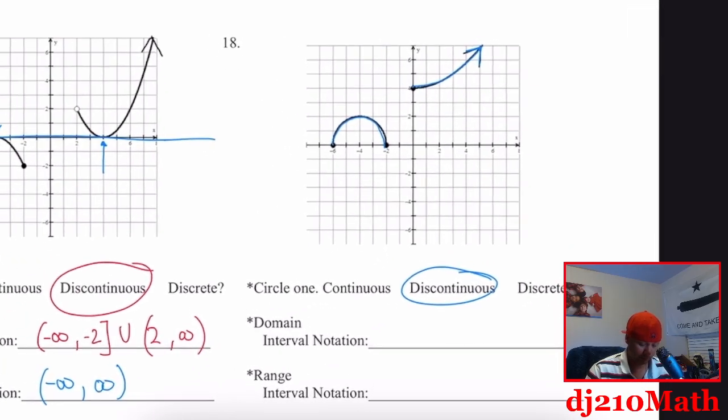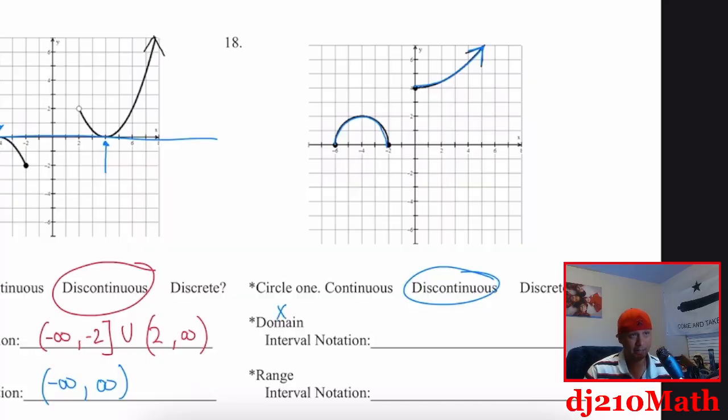The interval for the domain, the x's, is the most left and most right of each piece. So the most left is going to be -5, right? So -5 bracket up to -2 bracket.